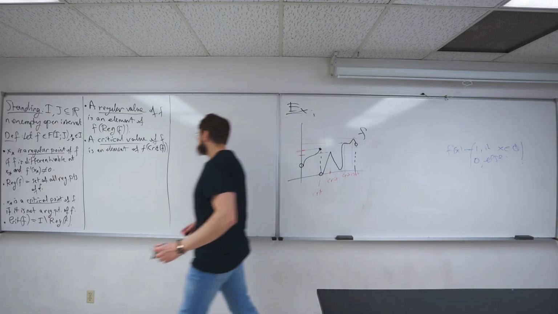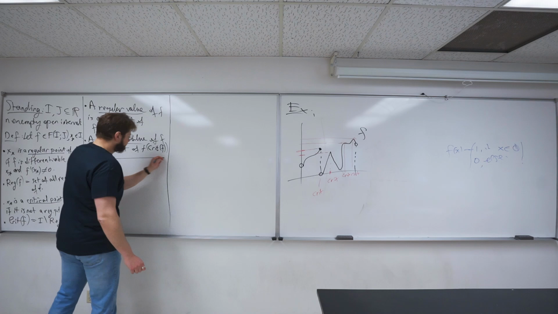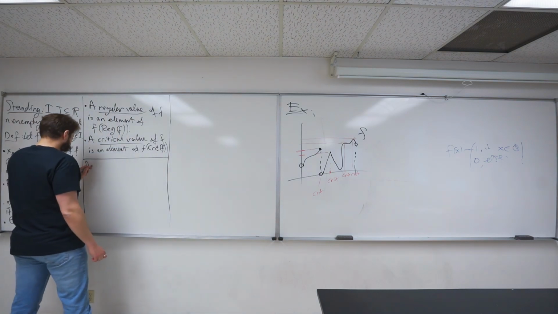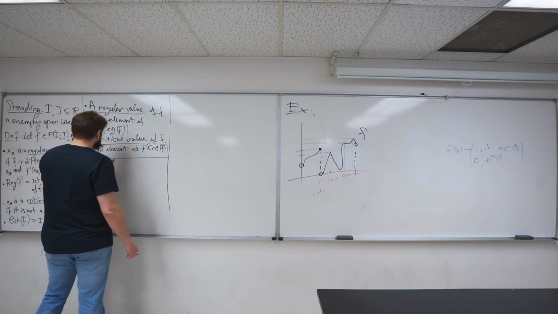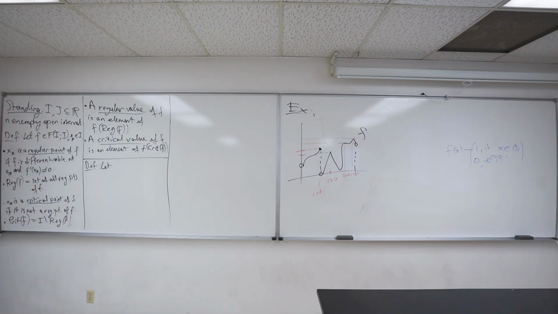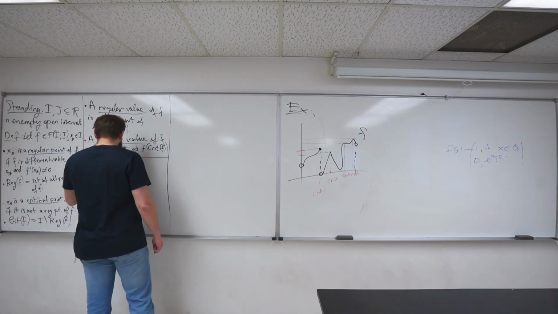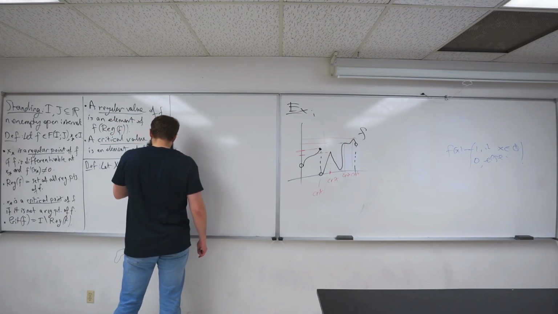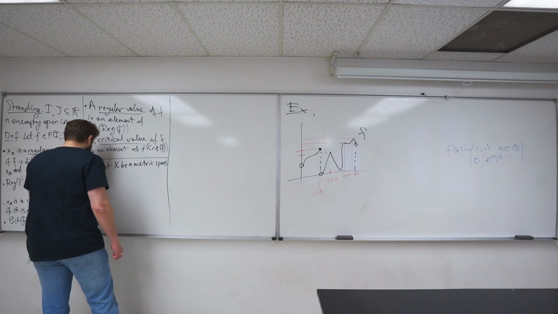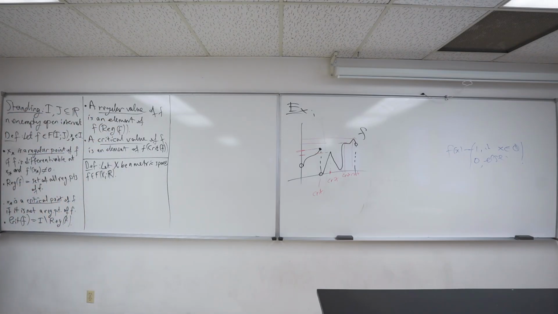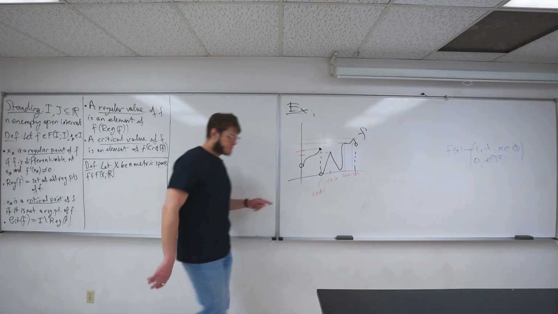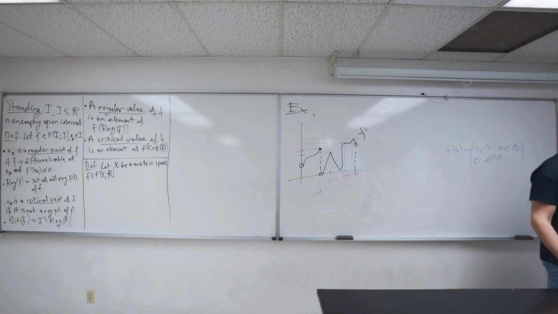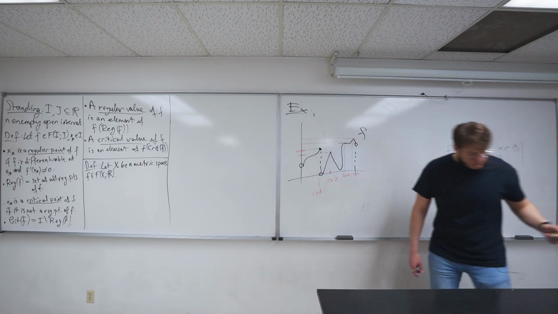So I'll define one more thing: local maximum and minimum. This is fairly general, so I'm going to state it in the context of metric spaces. Let X be a metric space, and f be a function on X taking real values. A local minimum is the minimum of some restriction of f to some small ball.